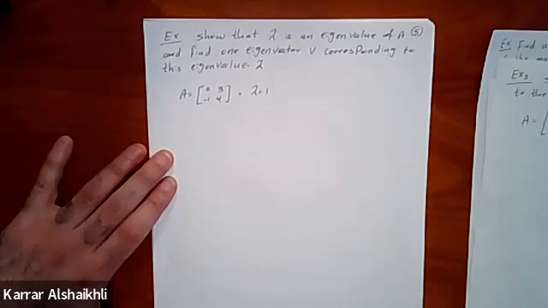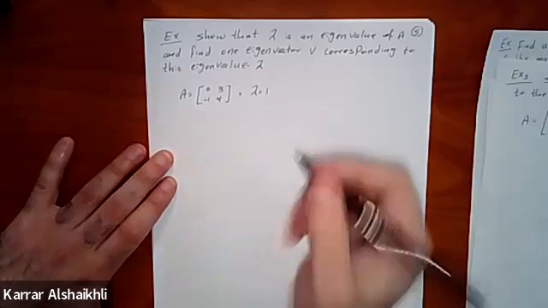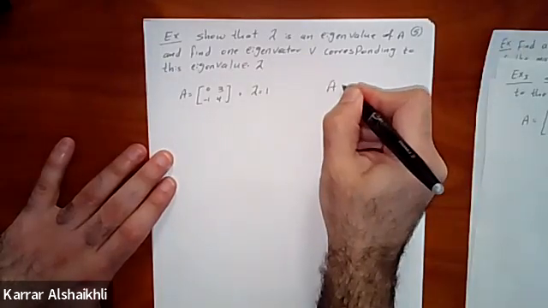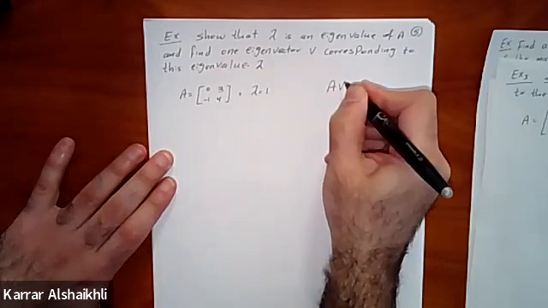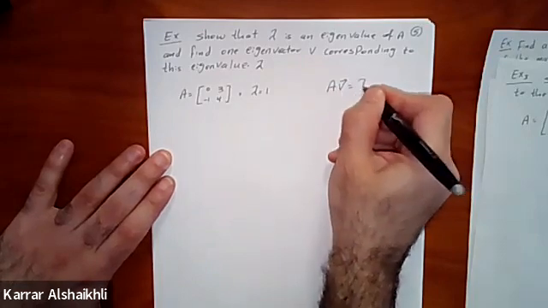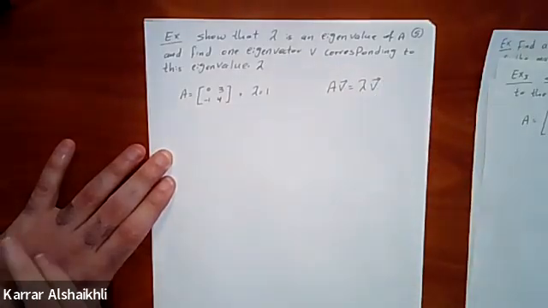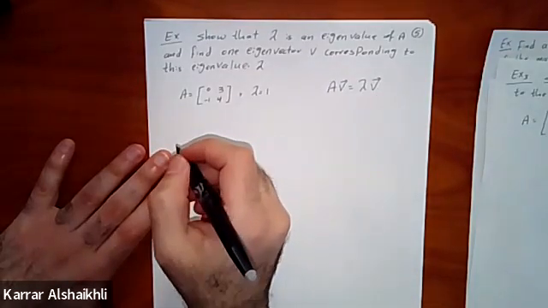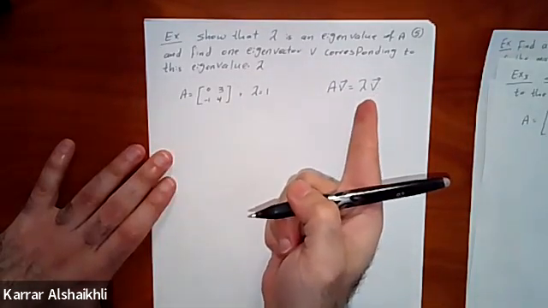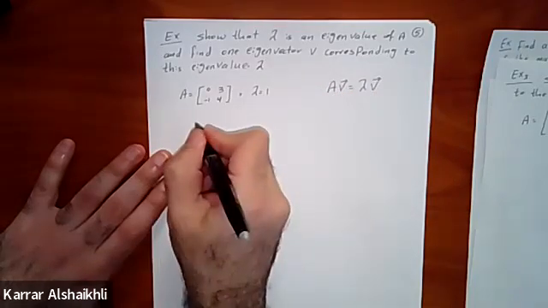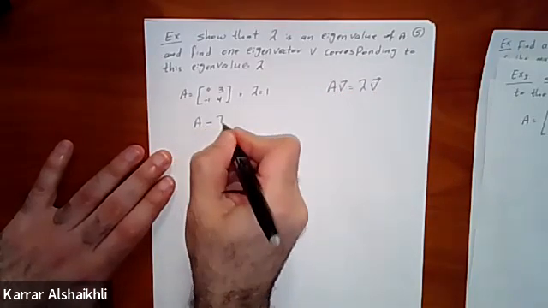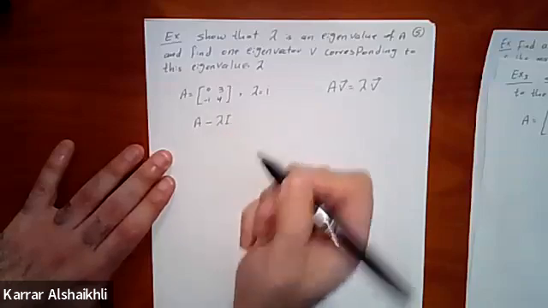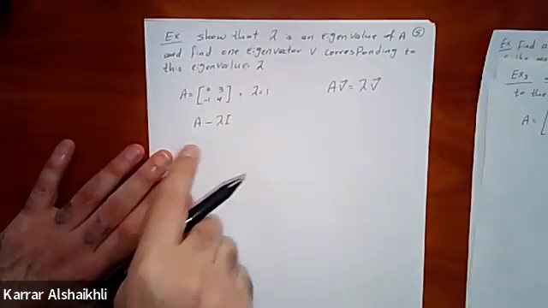We need to find the eigenvector. So always we're going to use this formula: A times the vector V equal lambda times the vector V. We're just going to plug in exactly the same thing. Because we need to find the vector and I have the lambda, I'm going to say A minus lambda I. I need to find this part.